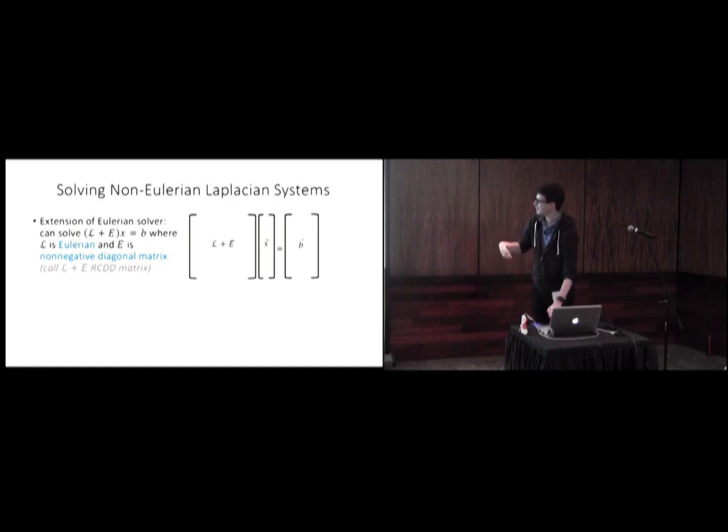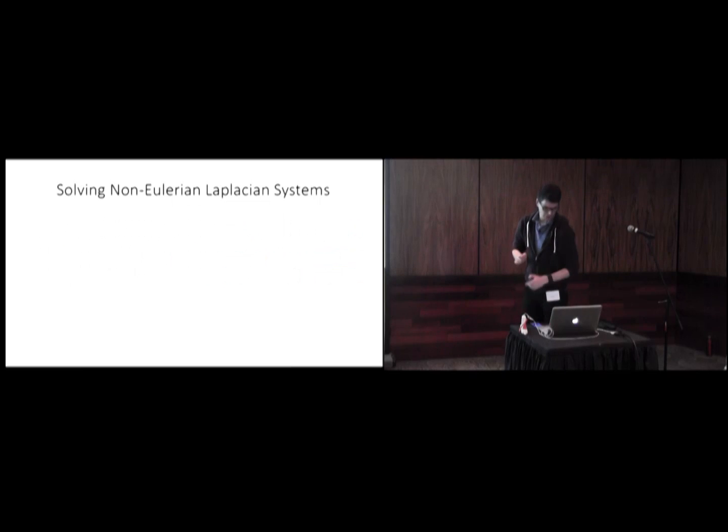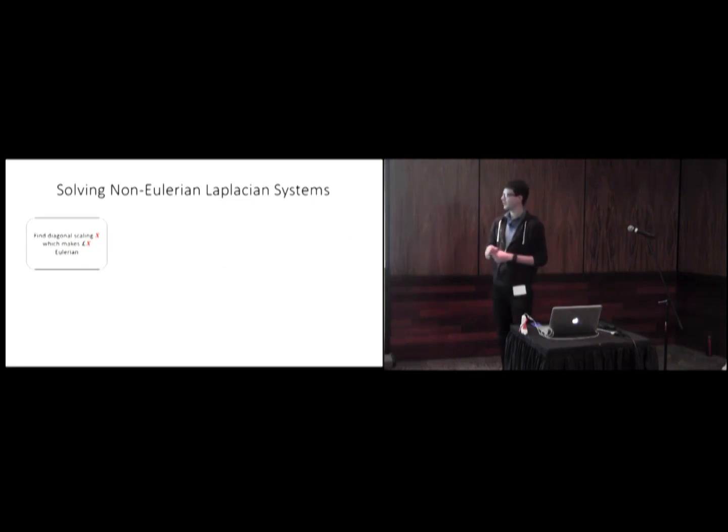This is the sort of system that I claim we can solve using the Eulerian solver. The way to do that is via reduction, by adding some extra row and column in order to make our matrix correspond to an Eulerian Laplacian. We obtain an Eulerian linear system, and by solving it, I can just read off the solution to the system involving an RCDD matrix. So what is our goal? Again, our goal in the first place was to find the diagonal scaling X that makes LX Eulerian.